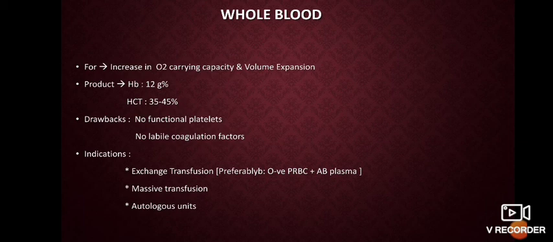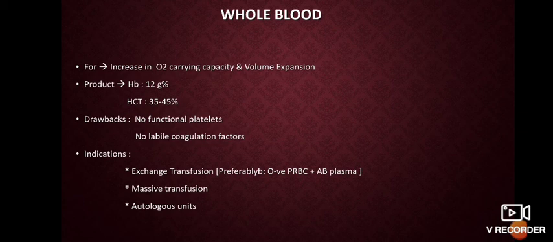And coming on to the whole blood, this is being used in conditions where we need an increase in oxygen carrying capacity of the patient and some kind of volume expansion. The product which we are using should ideally have a hemoglobin of 12 gram percentage and HCT of around 35 to 45 percentage. And the drawbacks of this product is that there is no functional platelets and no labile coagulation factors.